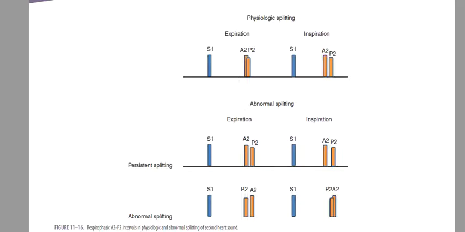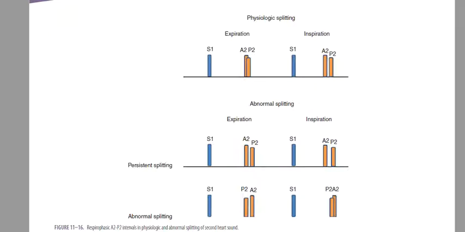This figure shows respirophasic A2-P2 intervals in physiologic and abnormal splitting of the second heart sound. Physiologic splitting: first heart sound, in expiration A2-P2; first heart sound, in inspiration the A2-P2 gap increases. In abnormal splitting, persistent splitting: first heart sound S1, in expiration there is A2-P2 delayed, with a delay between A2 and P2.